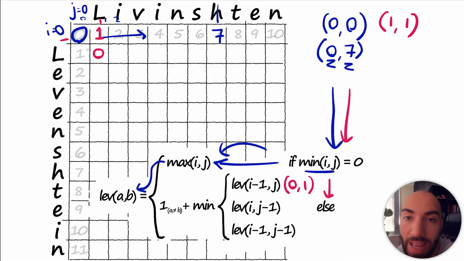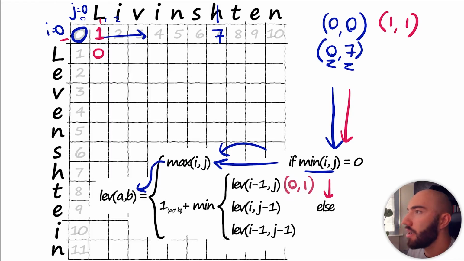Because at this point we've already calculated it, because we go in that order. We start from the top, go all the way right, onto the next row, and so on. So we always have these numbers calculated by the time we get to comparing the minimum value. So we have 0 and 1 there, and the number is 1.